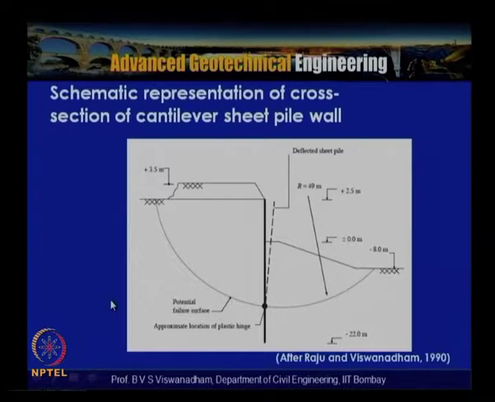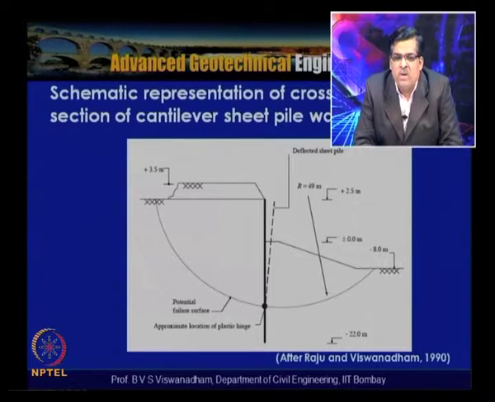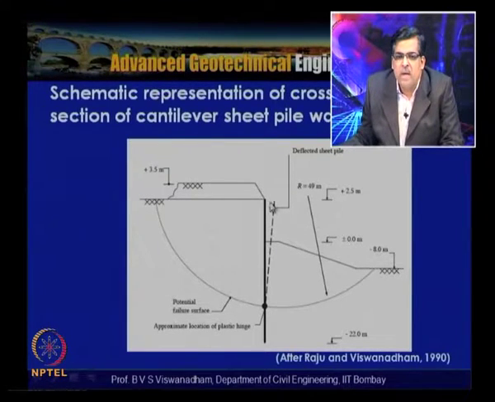This is also correlated with a problem which happened at one of the project sites, wherein diaphragm wall construction was carried out 7 meters behind this particular face of the wall. The wall was observed to deform at this level, and was observed to deflect about 0.5 meter.